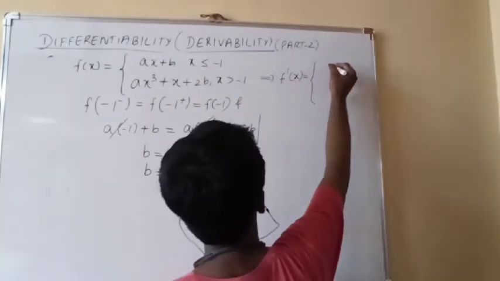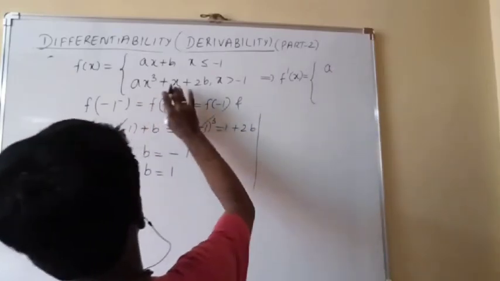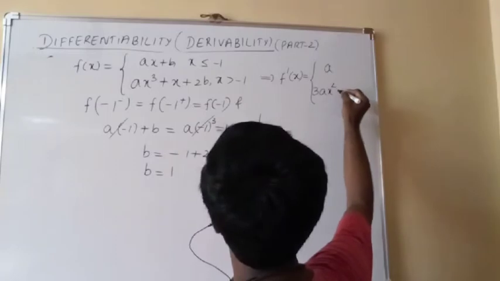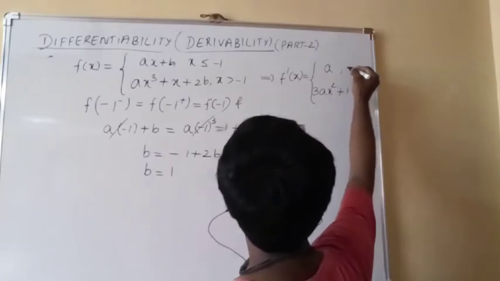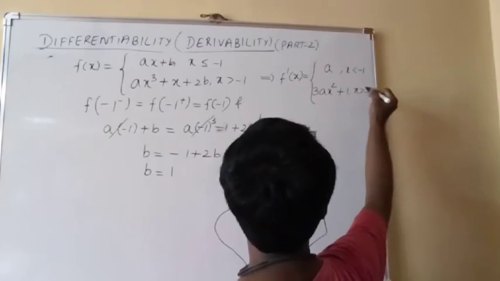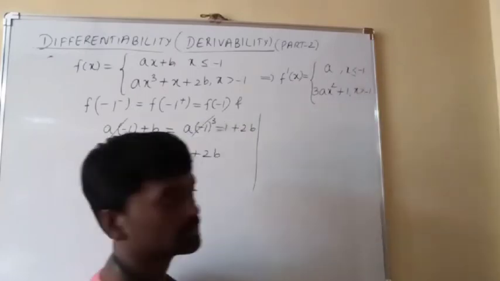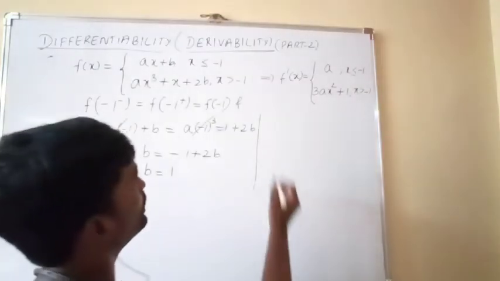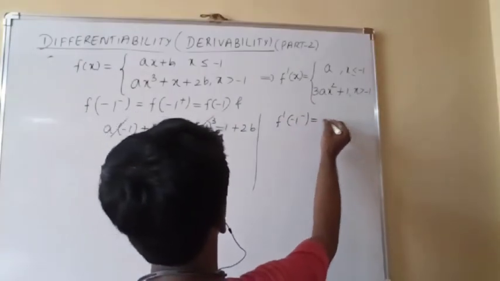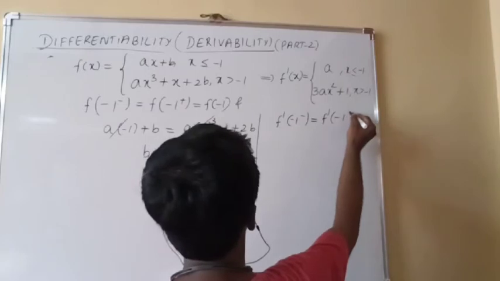Ax plus b differentiation is a, and ax cube plus x plus 2b differentiation is 3ax square plus 1. This is for x greater than minus 1, and here equal to. Anyway differentiable at minus 1, then f dash of minus 1 minus is equal to f dash of minus 1 plus.